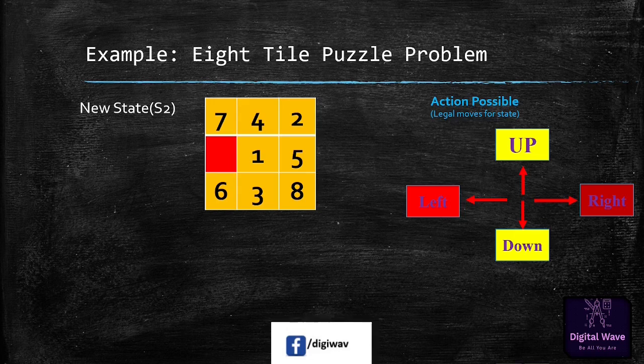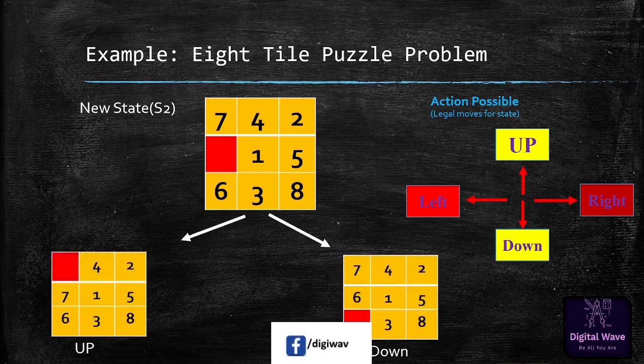Okay, now we will go for those two options. So we will see whatever tiles we get after performing these up and down operations. After that we have to choose one state from these two different states, and we have to continue as we are doing. So as it is we have to go further, and we will get many other different possible solutions.